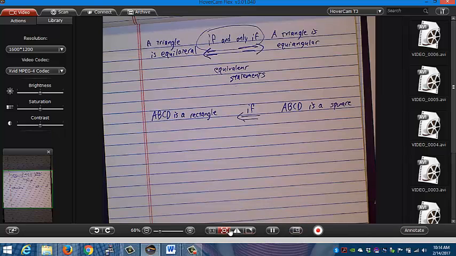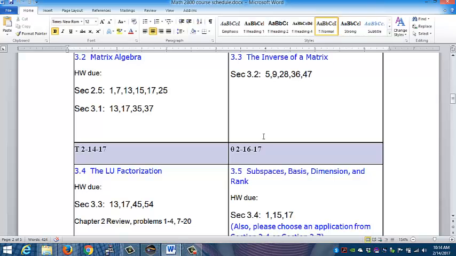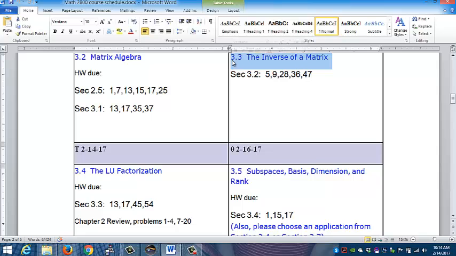I mean, maybe I should just kind of show you guys the schedule. You have to understand that I assigned some homework over the weekend, just 4 problems on this, right? The inverse of a matrix. But this is a topic that is extremely dear to me, in a way. When I first took linear algebra as a student, right around now is when I actually started liking the class.